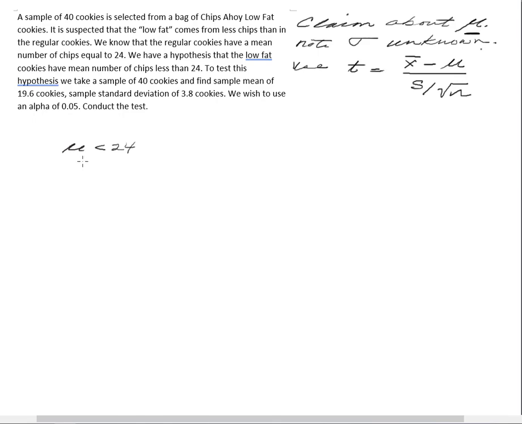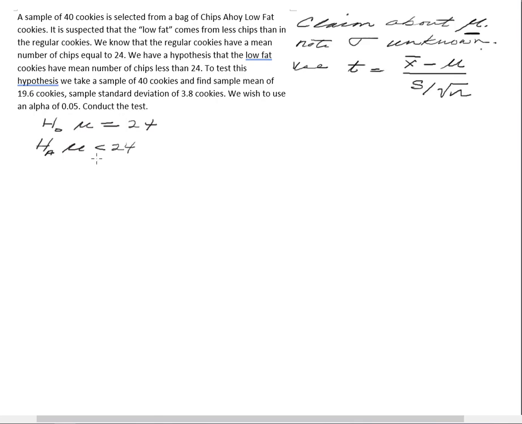The null hypothesis always contains equal. That's what we think, but we're going to have to make that an alternate hypothesis because the null hypothesis always contains equals. So the null hypothesis would be mu is equal to 24, and the alternate hypothesis would be that mu is less than 24.